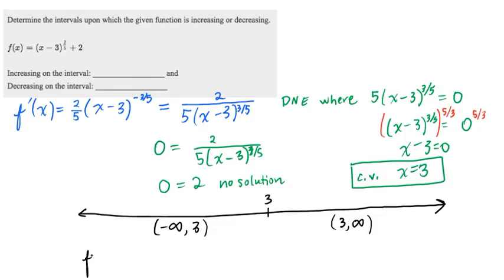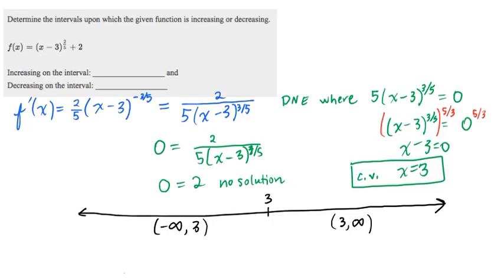And I want to plug some numbers into f prime of x. That's because by plugging into f prime, we can see if the value of f prime is positive, then the function's increasing, or if the value of f prime is negative, then the function is decreasing.